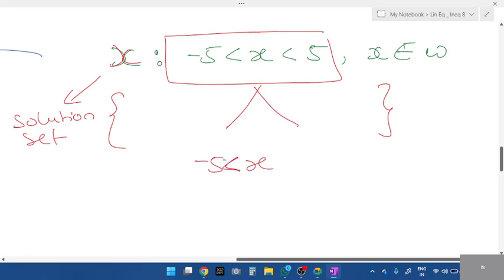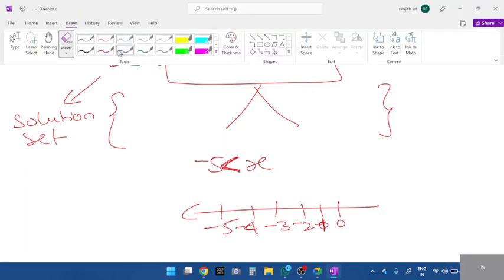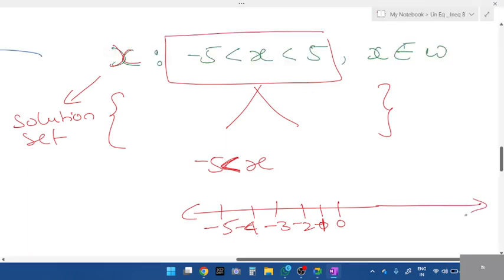So, -5 is traveling towards which direction? In a number line, where do you have -5? Left hand side or right hand side? Left hand side, right? Minus values are on the left hand side. 0. See, most important part, concept, all of you concentrate.